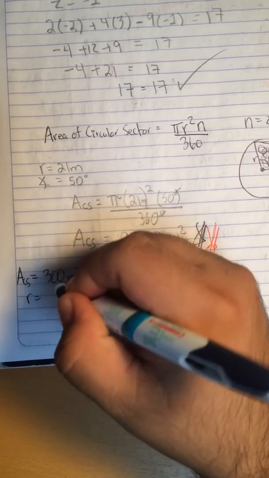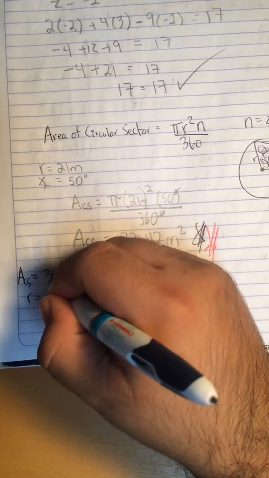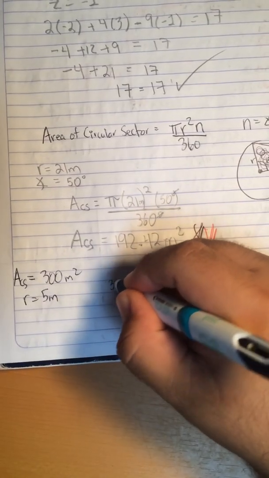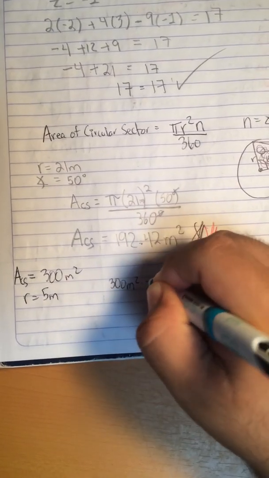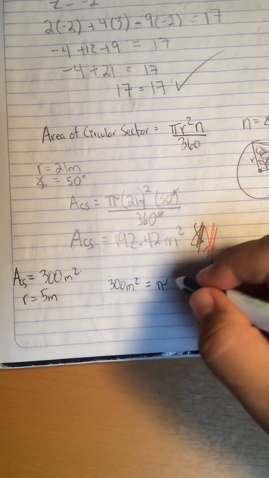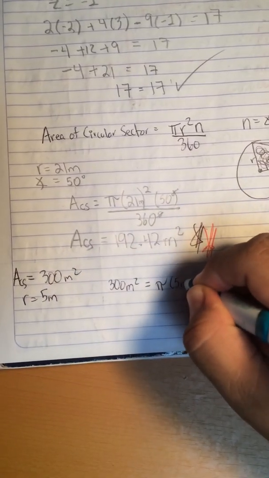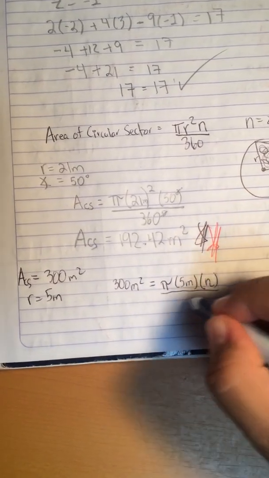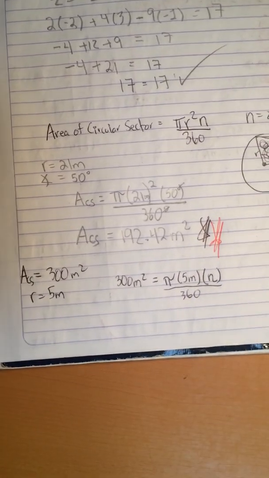The radius, let's say it was 5 meters. So that means 300 meters squared is equal to pi, we already know it, radius, 5 meters, angle, we don't have it, divided by 360.